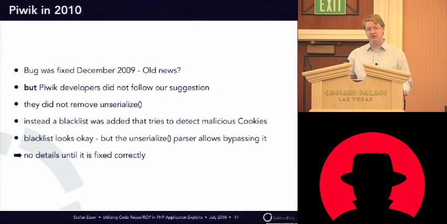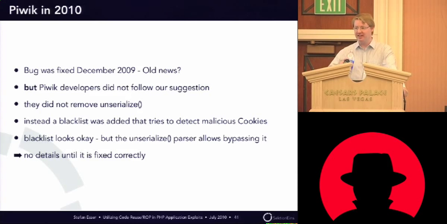But the problem here is PHP developers always know things better. So my recommendation on how to fix it, to remove the unserialize, was ignored. And so what they did is they still used unserialize and just put in a blacklist. And we all know that blacklists are the most effective way to ensure security.